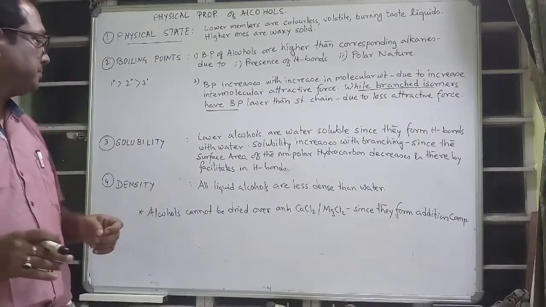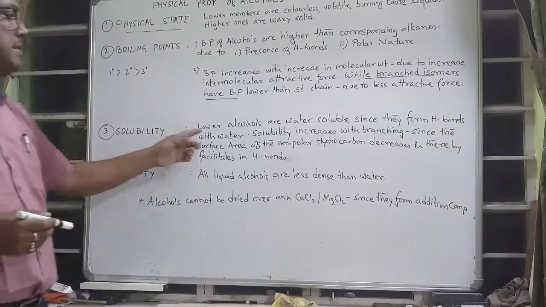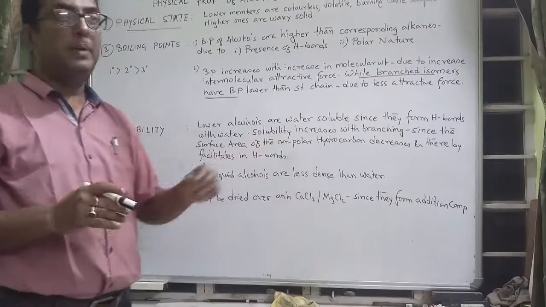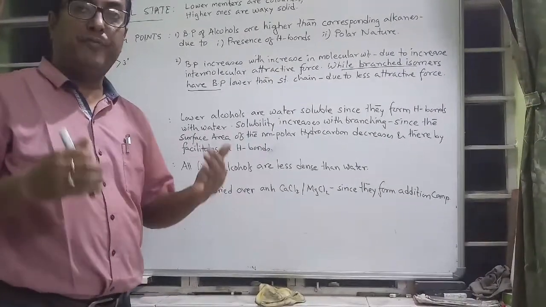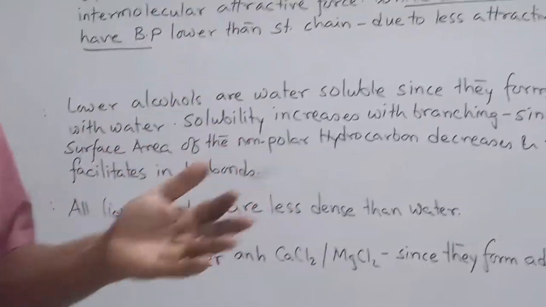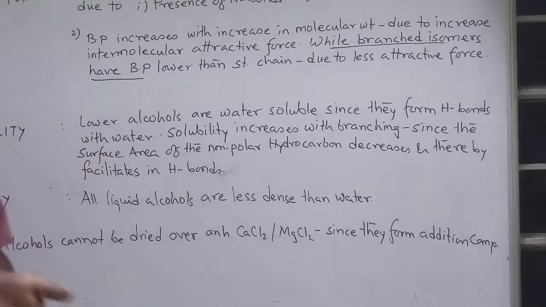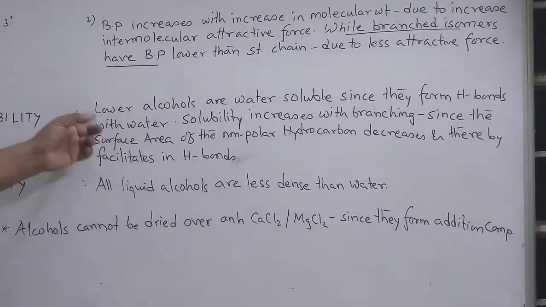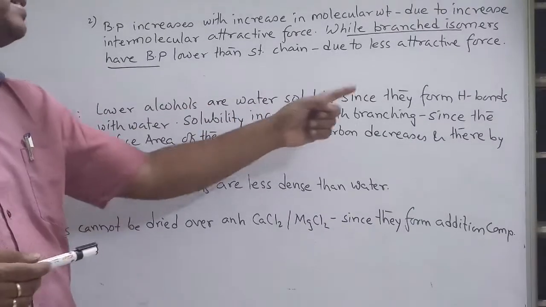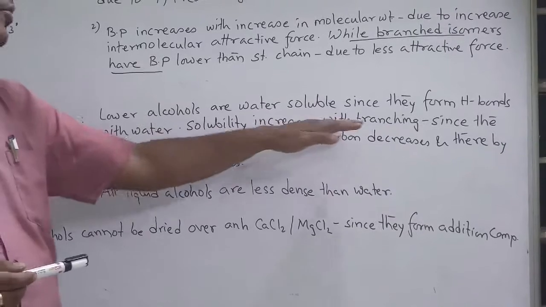If we go for the solubility, lower alcohols are water soluble, but alcohols having 5 to 6 carbons and above have lower solubility, and the solubility decreases with the increase in the number of carbon atoms in the chain. Lower alcohols are water soluble since they form hydrogen bonds with water, and solubility increases with branching.